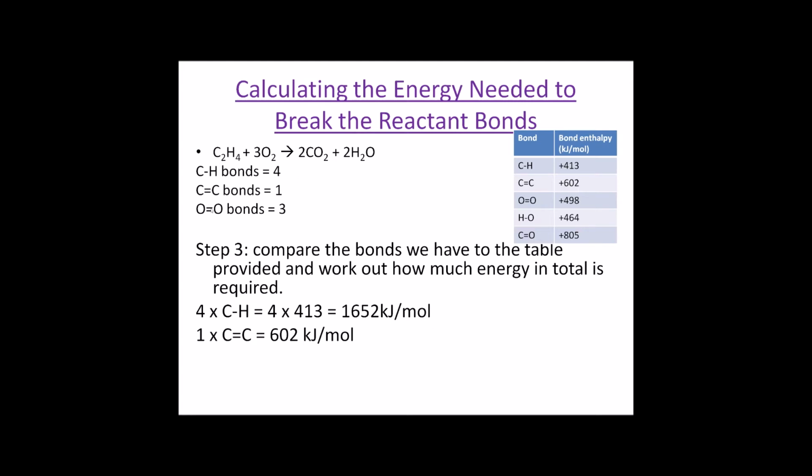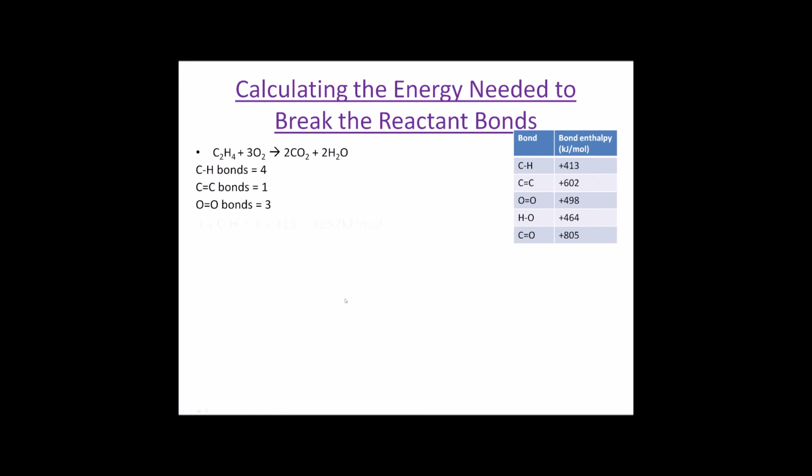And now we've got our 3 oxygen double bonds. And again, we read the table and we found out 1 oxygen double bond has an enthalpy of 498. So we need 3 times 498, which equals 1,494. That's the amount of energy for each of those types of bonds. We've now got to add that energy together.